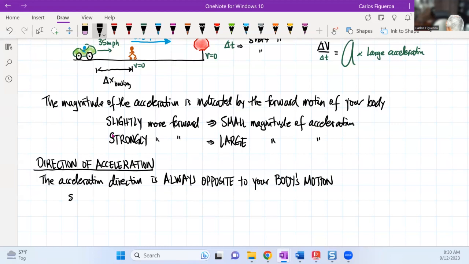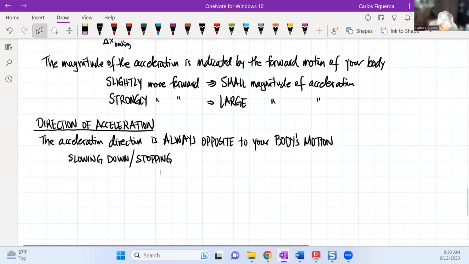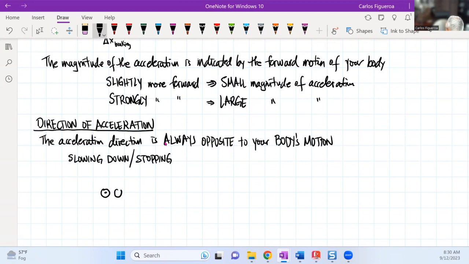If you are slowing down / stopping, what do we know? Well, we have our car, and when we're looking at our car here, what we're seeing is that you feel intrinsic forces in your body as you slow down.